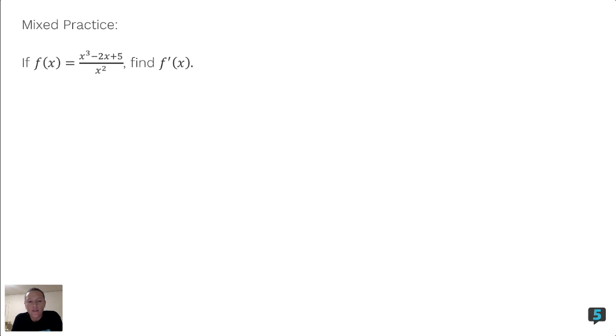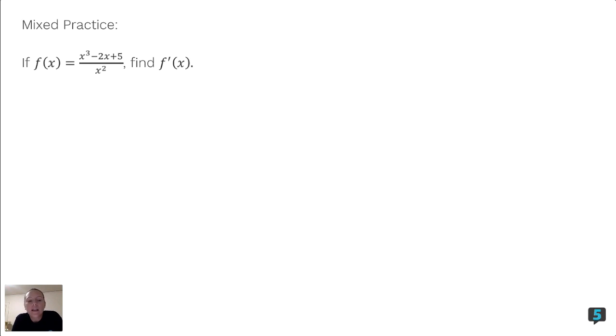Any other thoughts on how to get started on this one? Okay, so Ari, the quotient rule would absolutely work here because we have x cubed minus 2x plus 5 being divided by x squared.